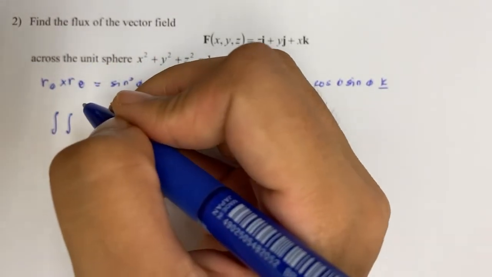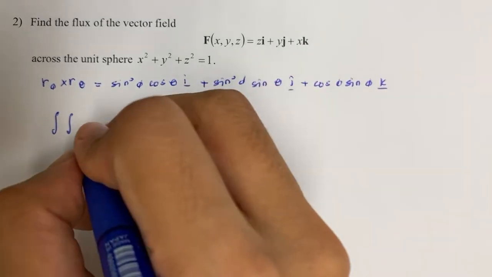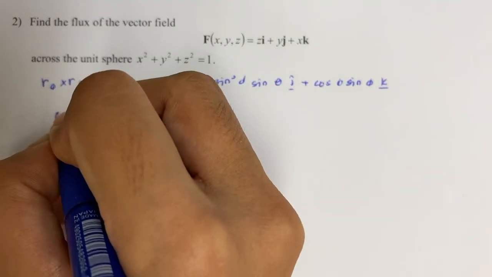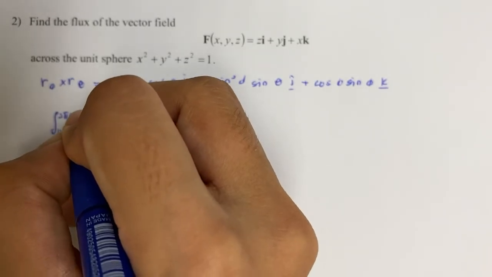Double integration for the unit sphere. We know that the theta limit is from 0 to 2 pi and the phi limit is from 0 to pi.